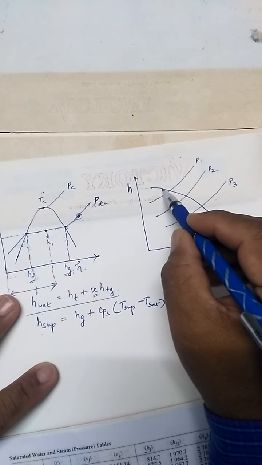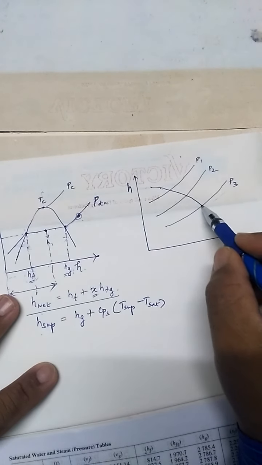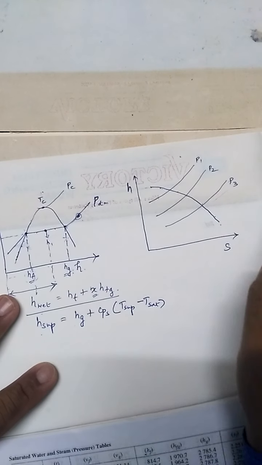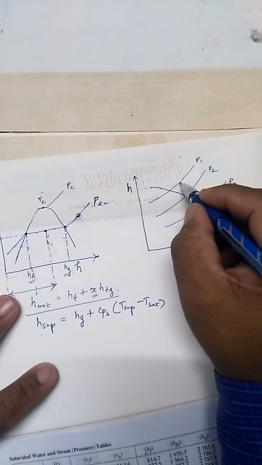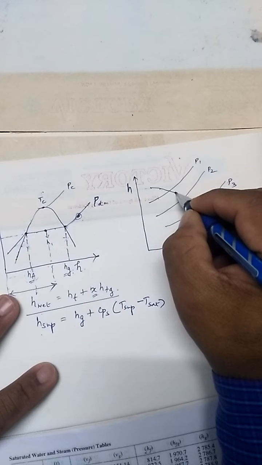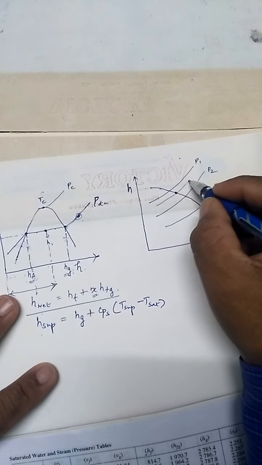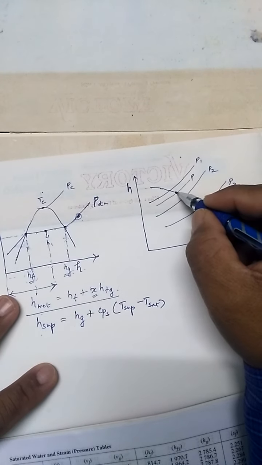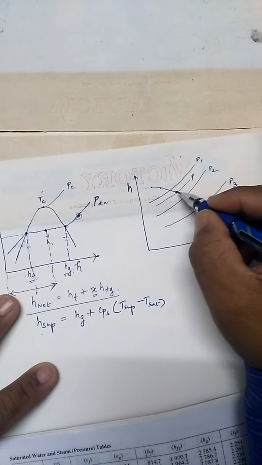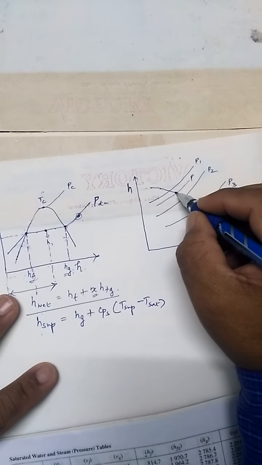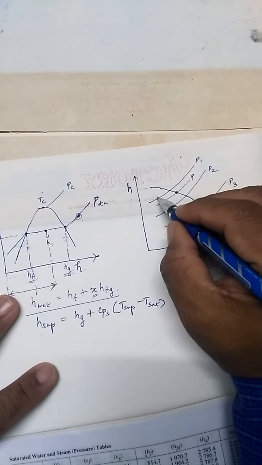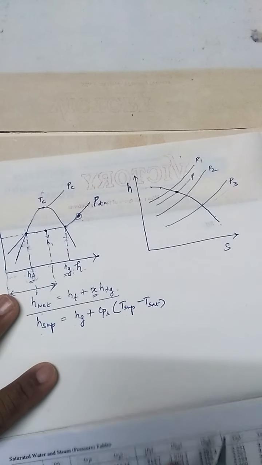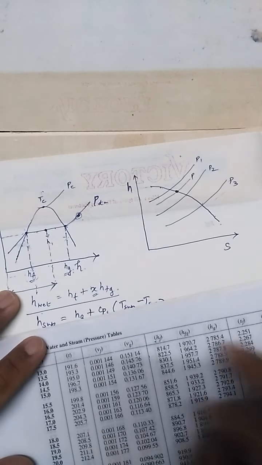So along this path I am getting the dry saturation condition. For example, if I have steam here at this particular pressure, let us take this as my point, and this is saturation. For this saturation pressure and particular temperature I can get the values from the steam tables.